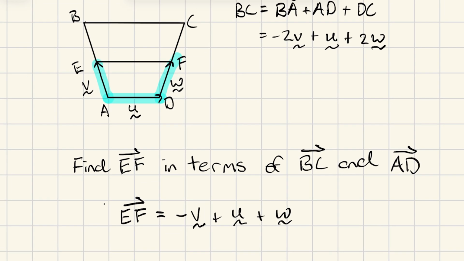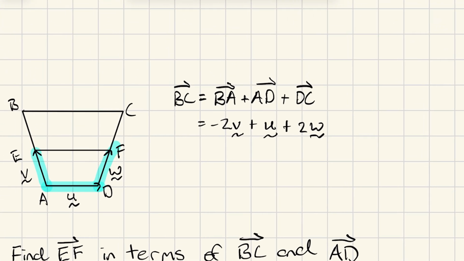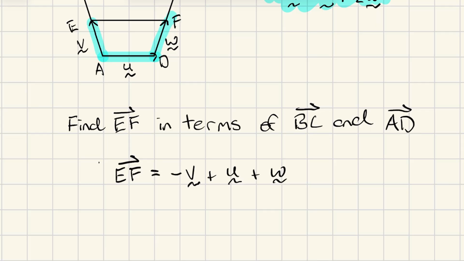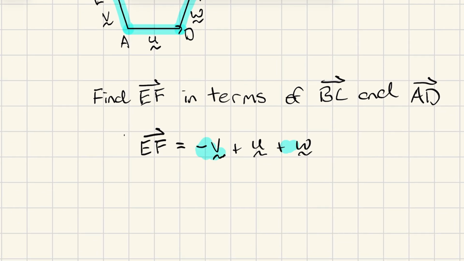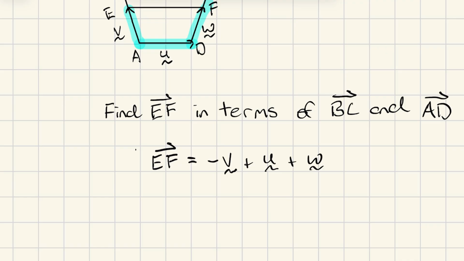Now, if you look at our answer to the last part, we almost have something similar to BC, but just not quite right. So in BC, we have minus 2V and plus 2W. But in EF, we only have minus V and plus 1W, or just plus W. So first thing I would lean towards is, let's see what happens if we times 2 to both sides of this equation.